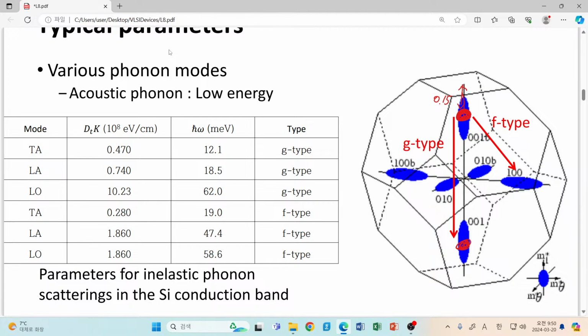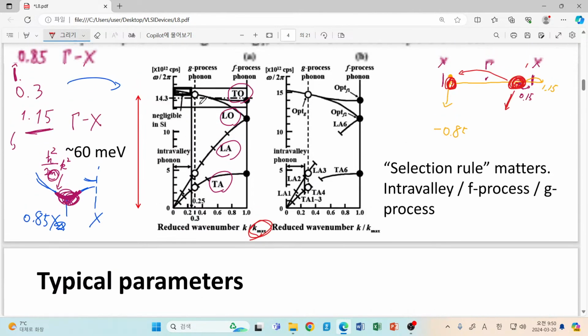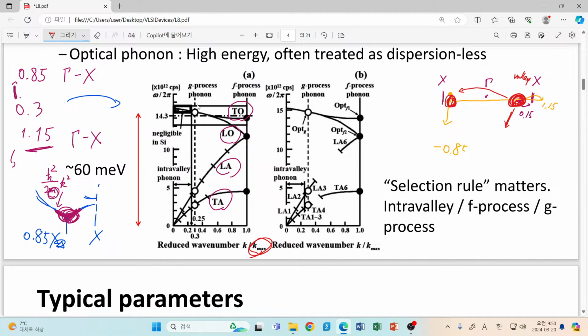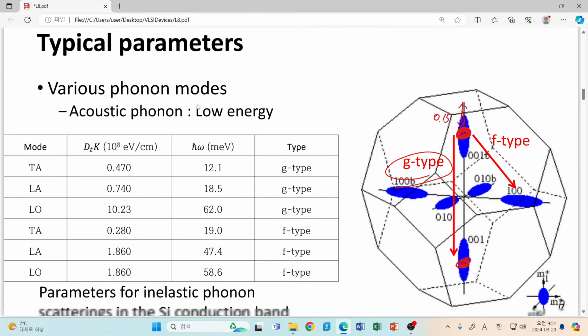This type of transition is typically called a G-type transition. And now you can see that these phonons are related to the G-type transition process.